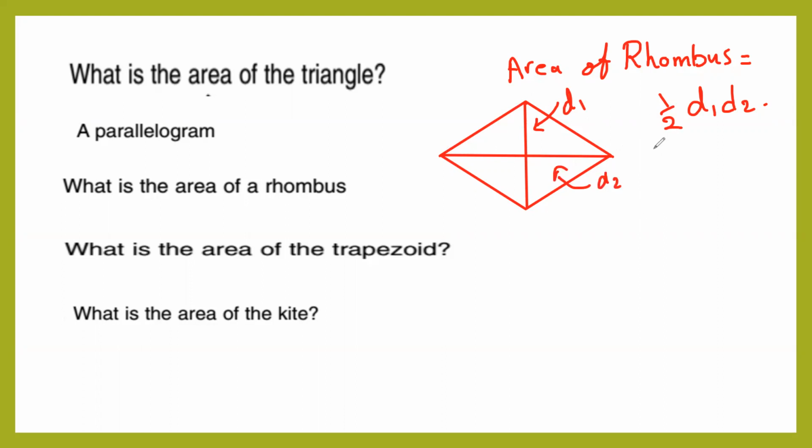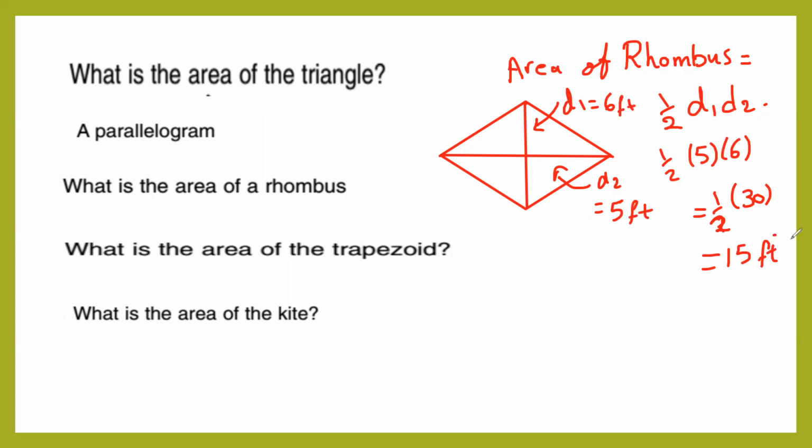So, in the area of the rhombus, if D2, for example, equals 5 and D1 equals 6, then we have half of 5 times 6, which is half of 30, so 15. Finally, the unit is feet, so it's feet squared.